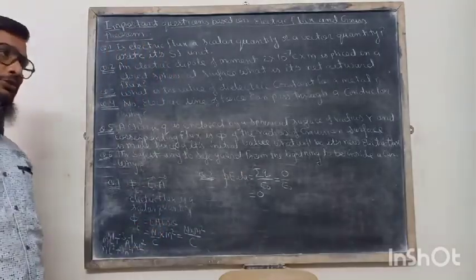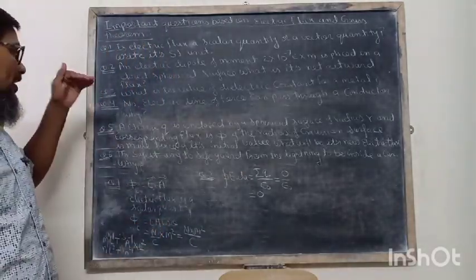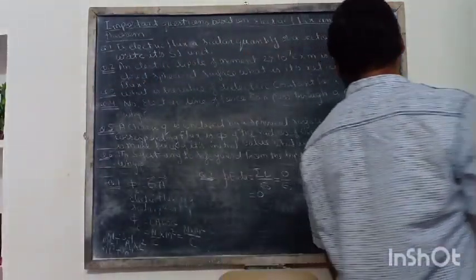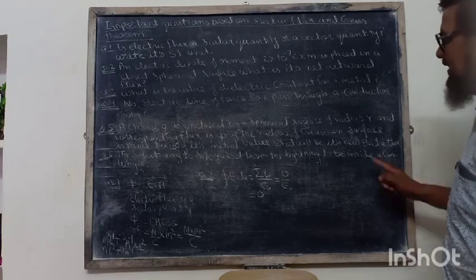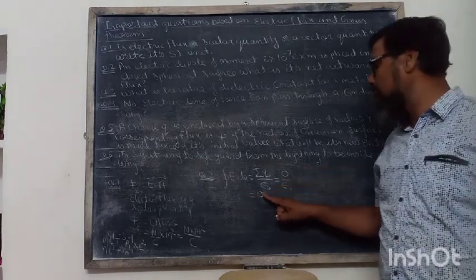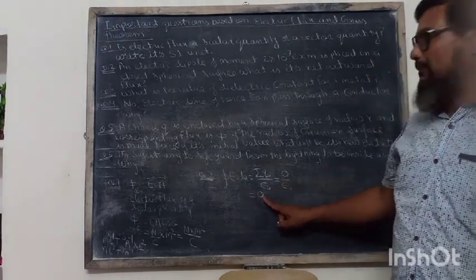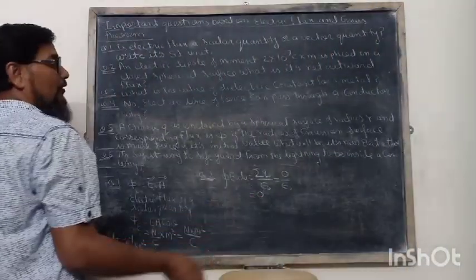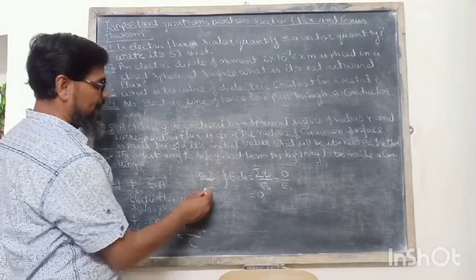You should also remember that if a number of electric dipoles are placed in a closed Gaussian surface, then the net outward flux will also be equal to 0 because the total charge of each dipole is 0.